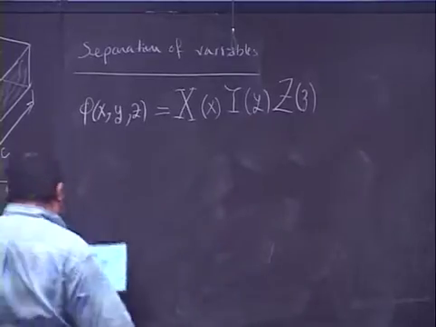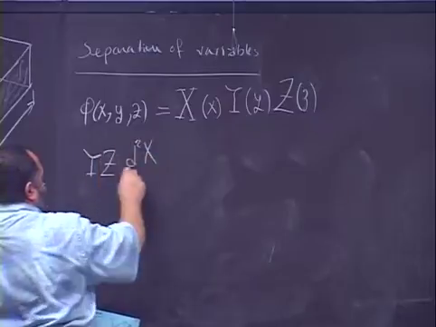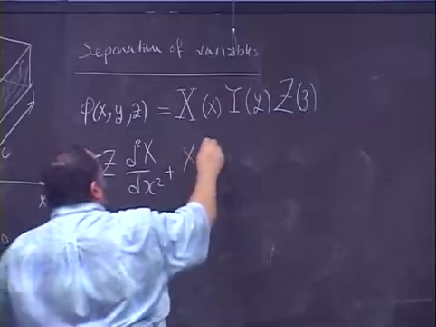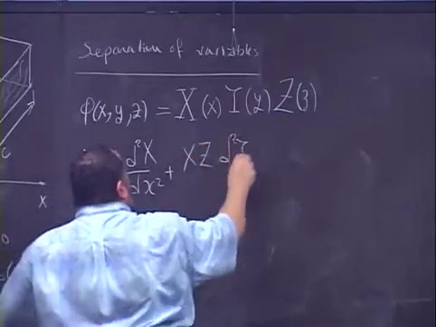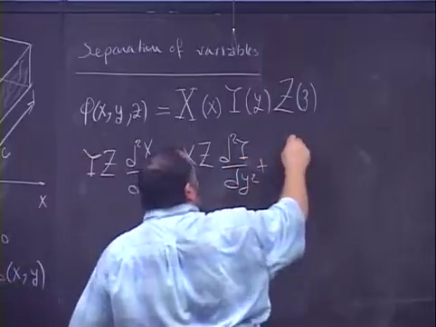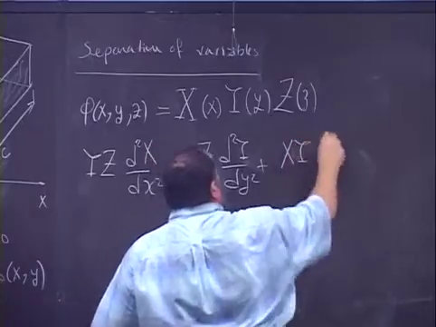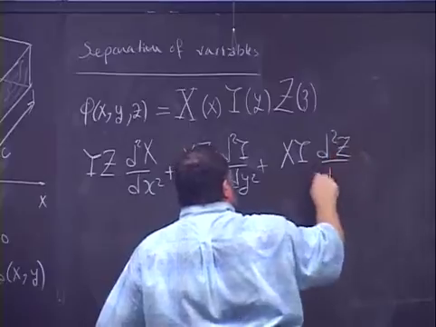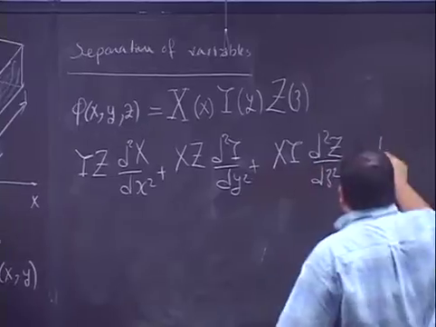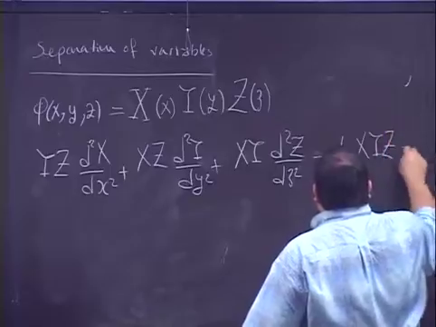So when you do this and substitute, you will get Y Z d2X by dx square plus X Z d2Y by dy square plus X Y d2Z by dz square minus 1 over L square X Y Z equal to 0.